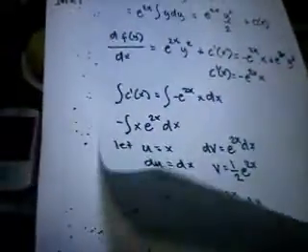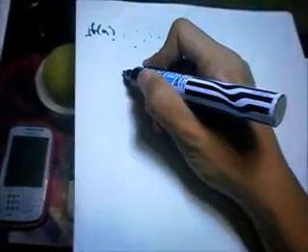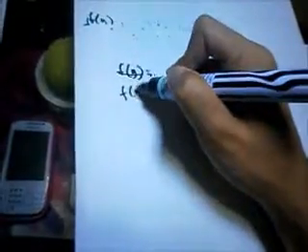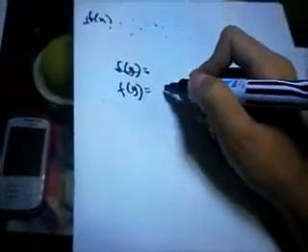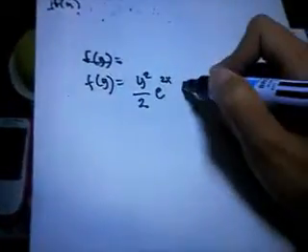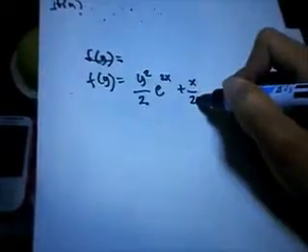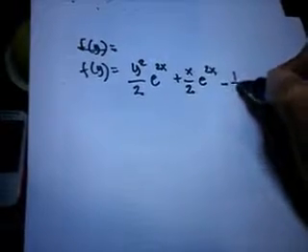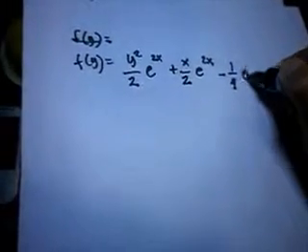And we now substitute this value to our f of y a while ago. And we get f of y is equal to y squared over 2 e to the 2x plus x over 2 e to the 2x minus 1/4 e to the 2x.